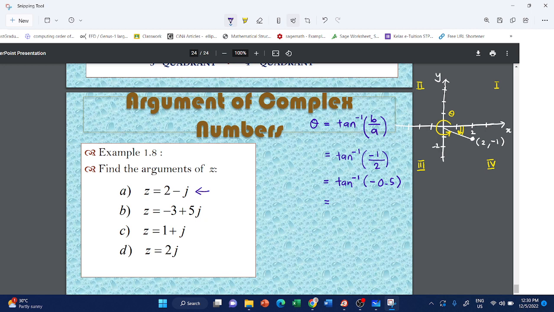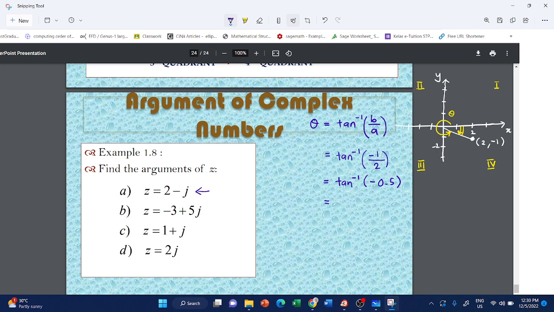Okay, Charolata, is your calculator already in D or R? It's in D. Okay, so no need to change because it's already the correct unit. So you can key in inverse tangent now. Use shift, tangent inverse, then bracket, then key in negative 0.5.